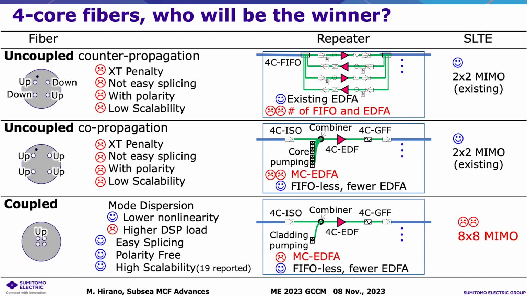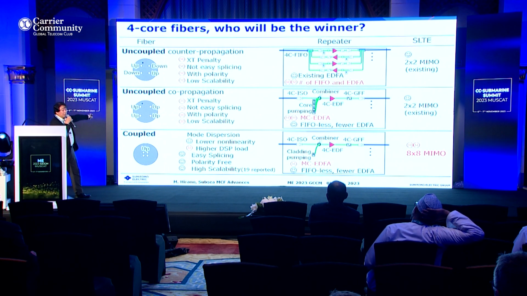This means high splicing loss. Polarity, as I commented, these fibers have polarity. So you have to manage the fiber winding direction, cable direction. And the scalability will be very low because the core is very near the edge of the cladding.